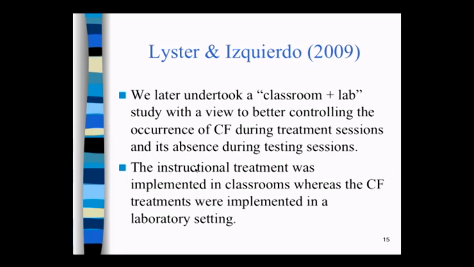We chose the same target, grammatical gender, and the same type of input enhancement activities. And the teachers implemented these activities, but we withdrew the students from class to give them the oral feedback treatment, so that we could really control the feedback, so that we knew exactly how many prompts each learner received and how many recasts each learner received in another group.